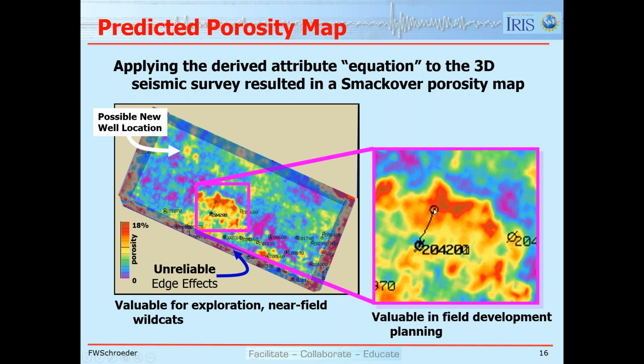We can start to consider how we might drill some extra wells in here to enhance recovery, and maybe use some wells as injectors to flush out even more oil from this particular discovered field.